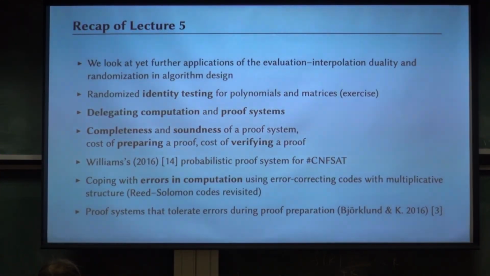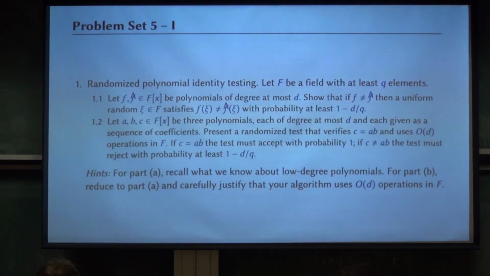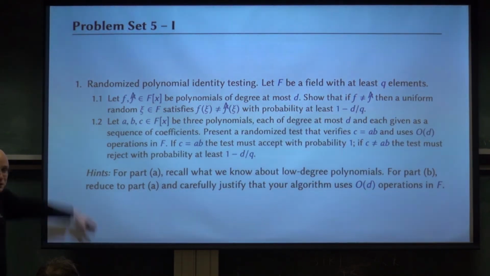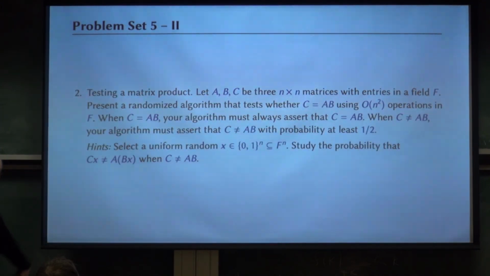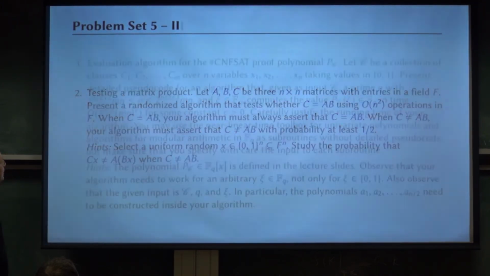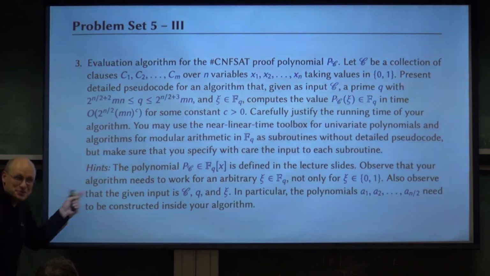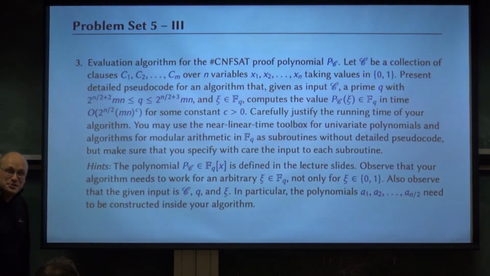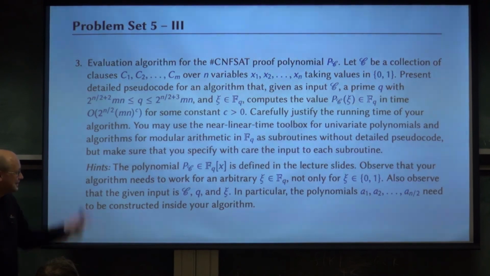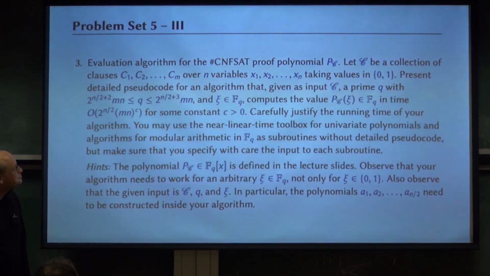Okay, so I think this concludes lecture 5. I do still have, as usual, the problem set that involves a few warm-up exercises on polynomial identity testing and testing a matrix product, the usual things. But then there's also the evaluation algorithm for your enjoyment, where you actually get to design the algorithm. And here you have some hints as well.